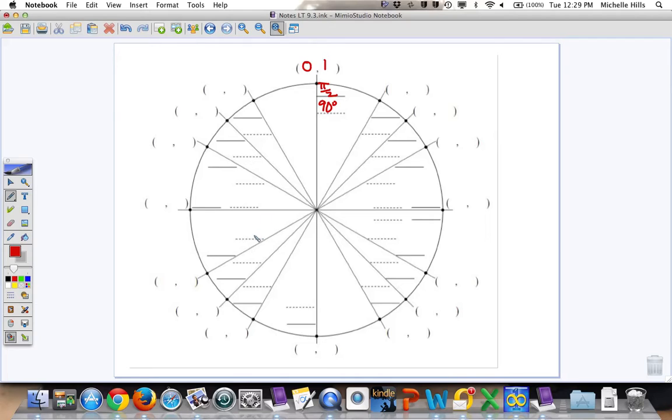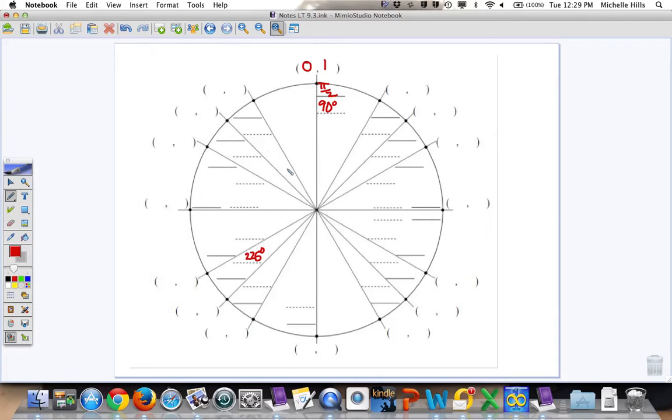I'm going to do one more. Let's look at 225 degrees. Now remember, these landmark angles all have a reference angle of 30, 45, or 60 degrees. So 225 degrees would be 45 degrees past 180. So this has got to be 225 degrees.